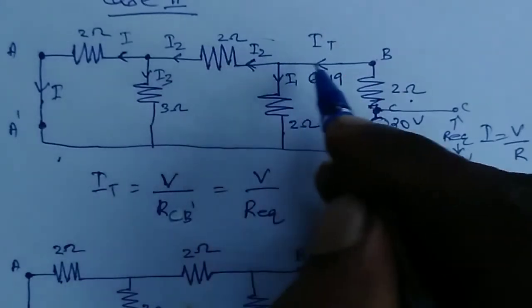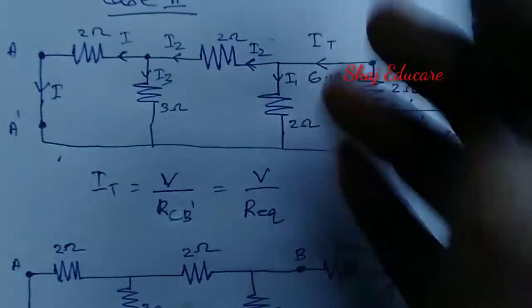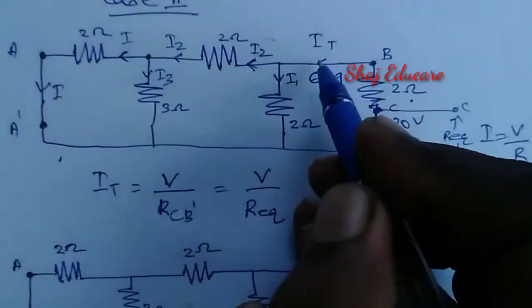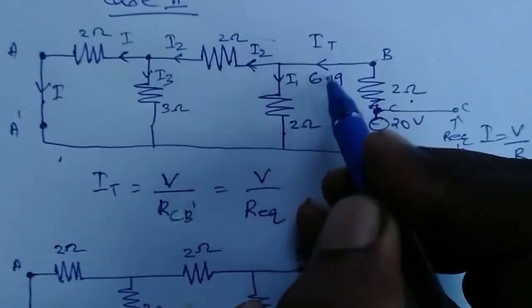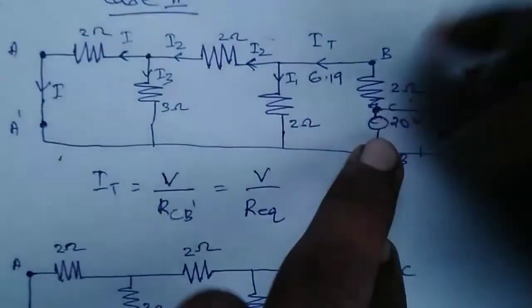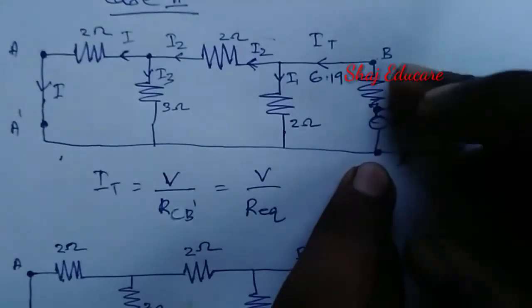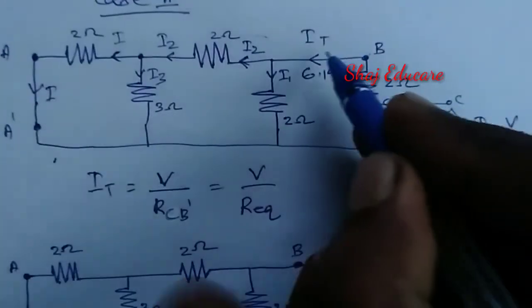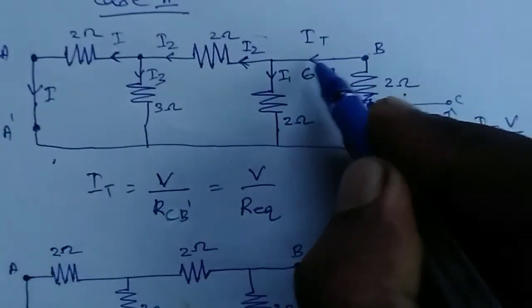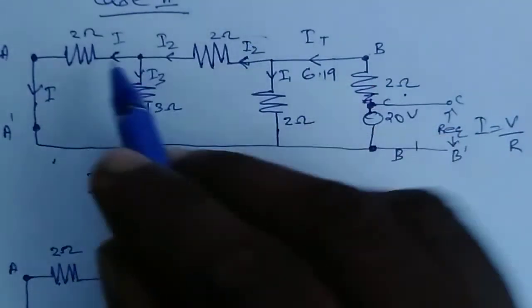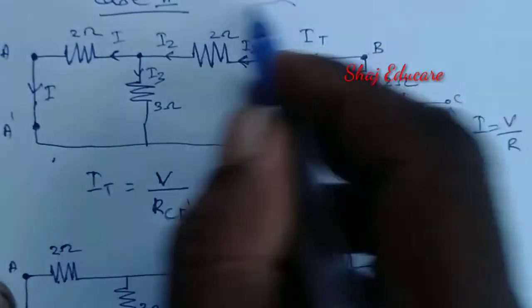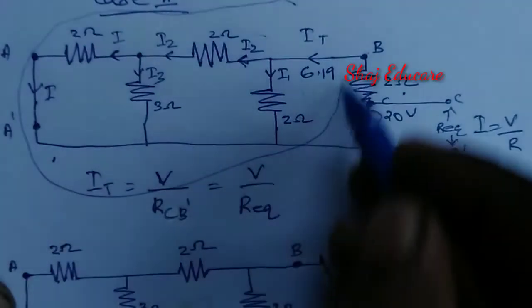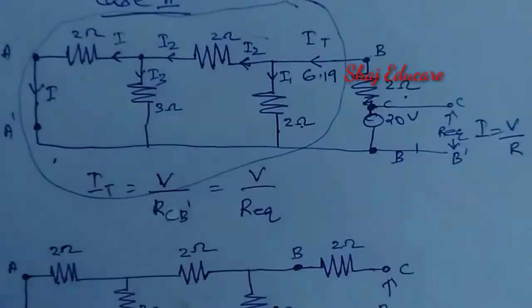Okay, for that purpose, I'm going to draw the circuit to the left of this node, so to the left of BB dash. Here we obtained I total. So to find I2 and I1, I'm going to redraw the circuit for this portion only.